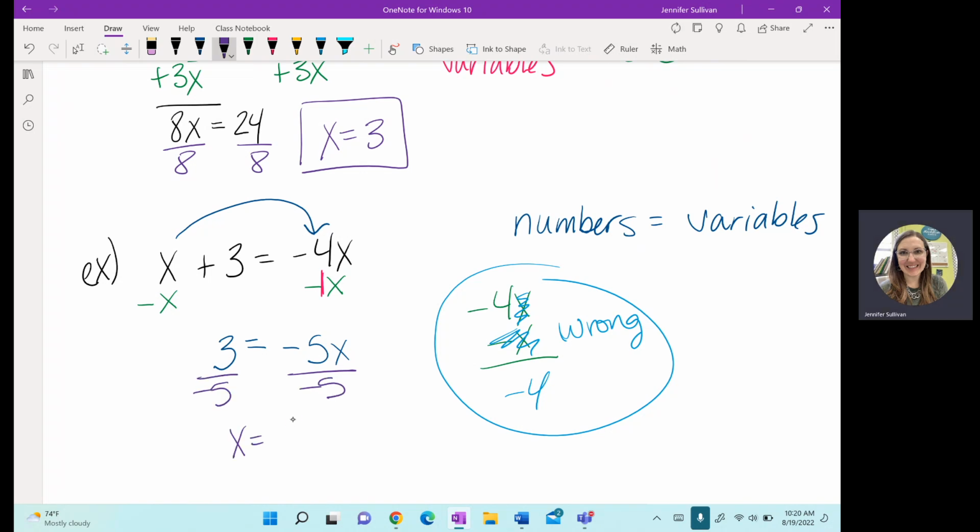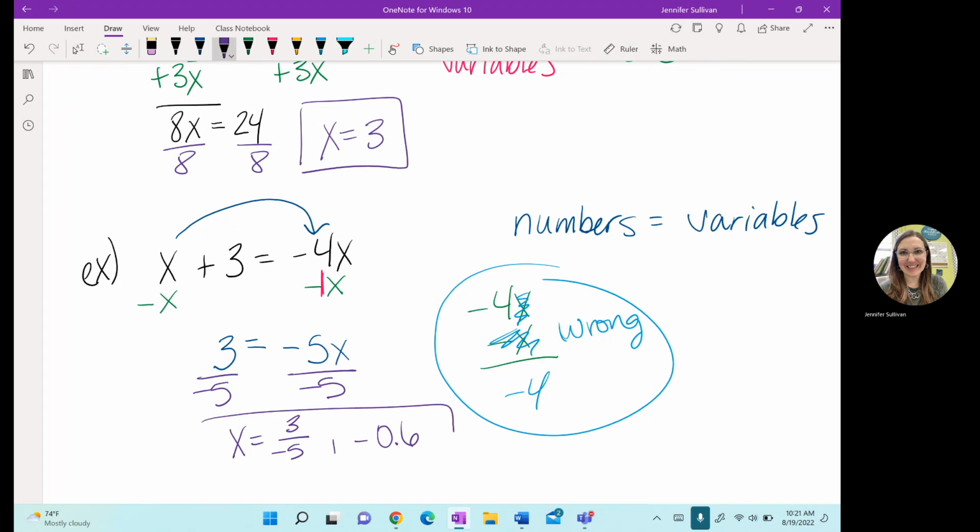X equals 3 over negative 5. You can leave it as a fraction. You can change it to a decimal. And so I'm okay with x equals negative 0.6. That's fine as well. That's it.